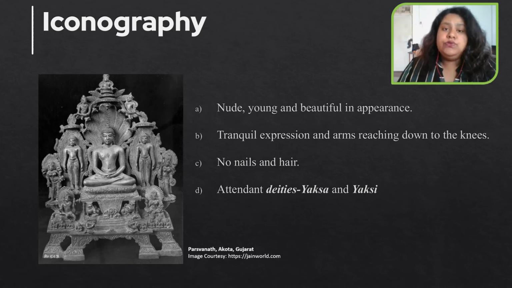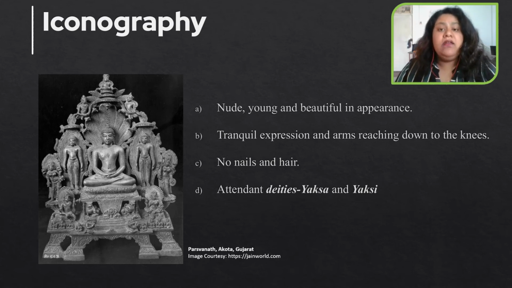There is also a depiction of no nails and no hair on the head, but in later periods we see the form of a bun on the head, like the Buddha image has an Ushnisha. Initially there was no hair and no Ushnisha.